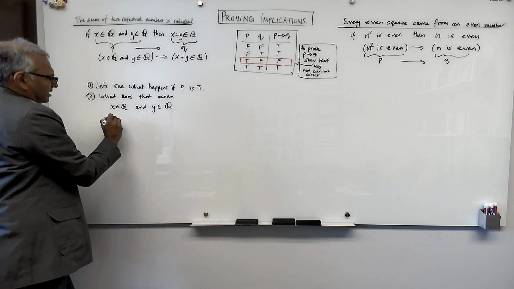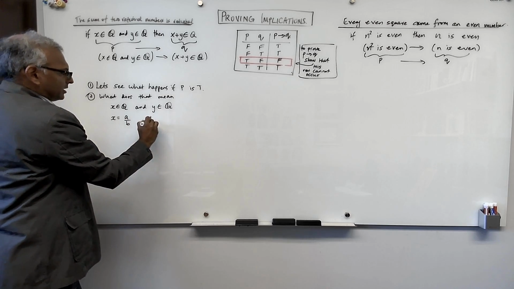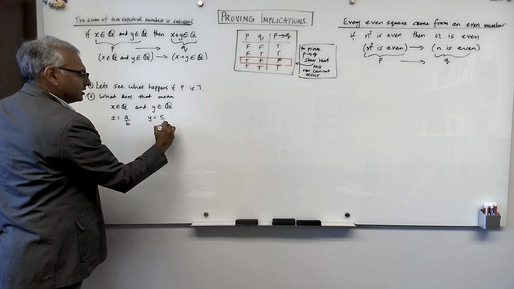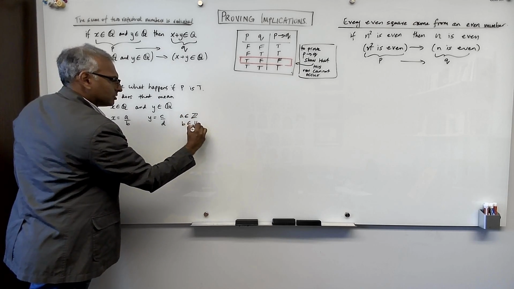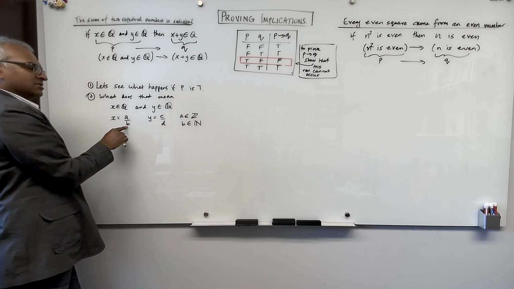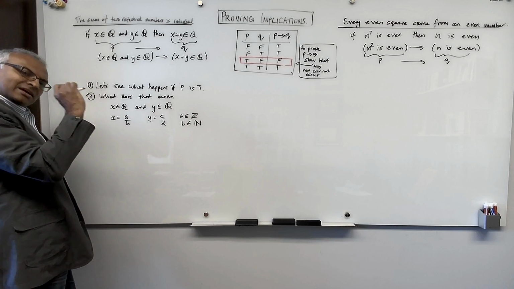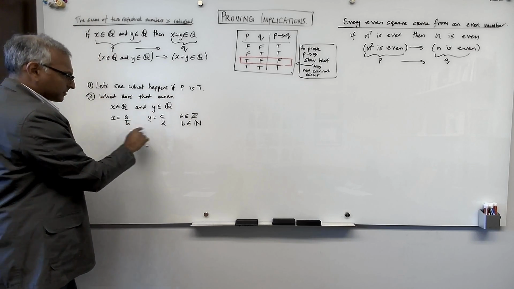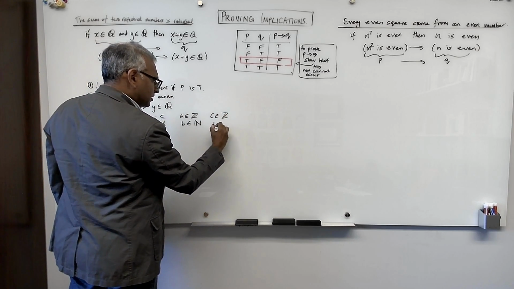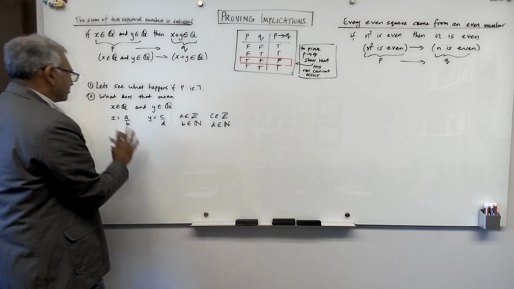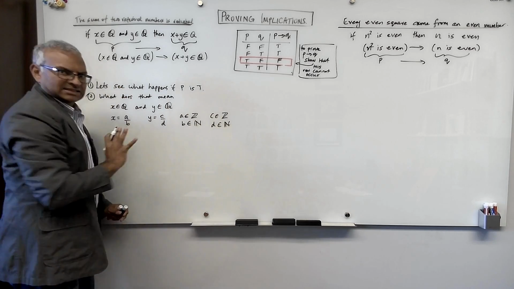That means that x equals a ratio, a over b, and y equals a ratio, c over d, where a is an integer, b is a natural number, and that's nice because b is in the denominator, it cannot be 0, and that's one of the advantages of the natural numbers starting at 1. So it's 1 and bigger. So b is a natural, c is an integer, and d is a natural. That's what it means if I end up in a world where P is true.